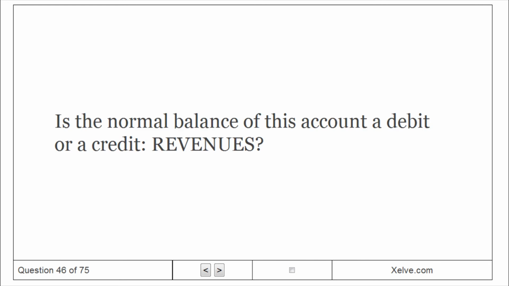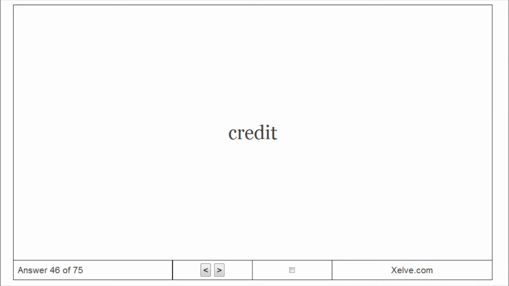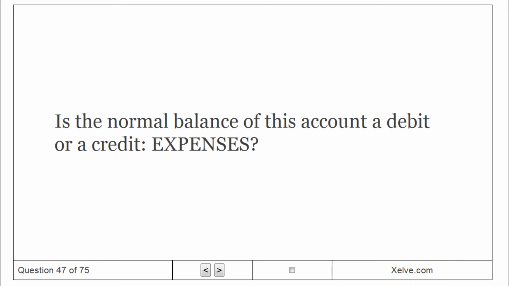Debit. Revenues. Credit. Expenses. Debit.